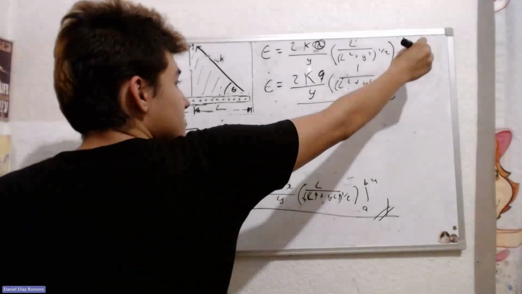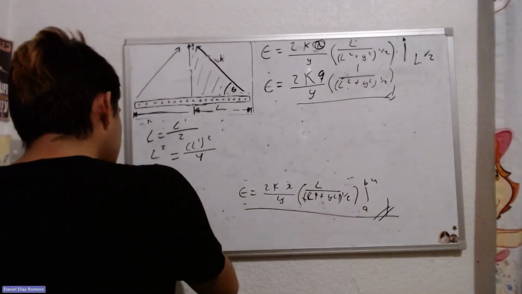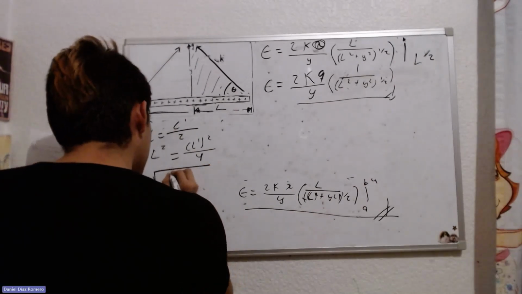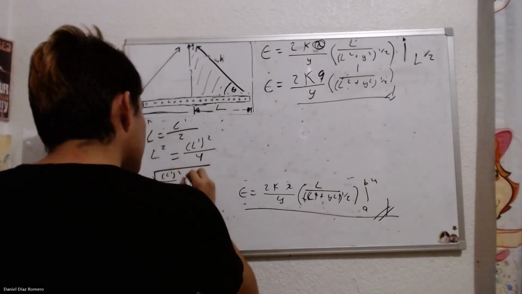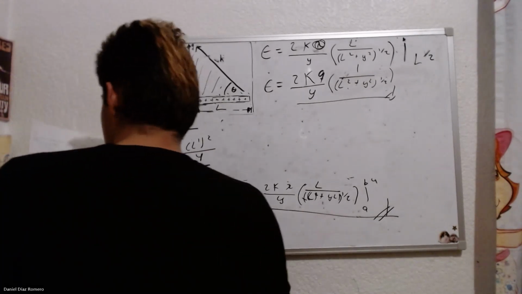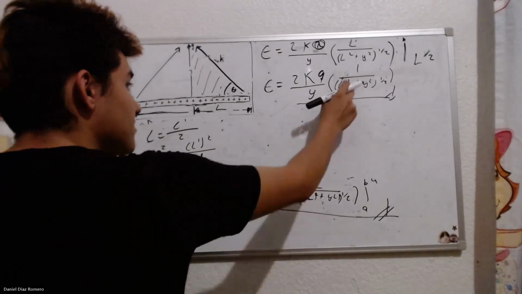Because remember, we're evaluating in L to the 1/2. So we can rewrite this function as L prime squared over 4 plus y squared, which would be the other evaluation. That is right here.